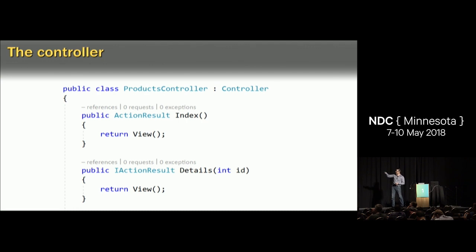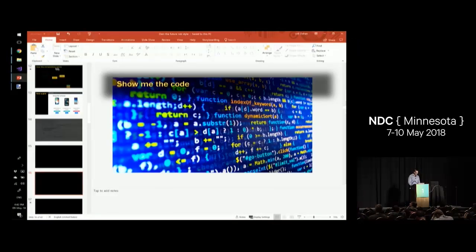That list, the index action of the controller, all that it's doing is returning the view. It's a dumb controller. It has no idea where the data is coming from, how many services, who needs to be orchestrated, etc. So, again, let's run this, and then we can look at the code.